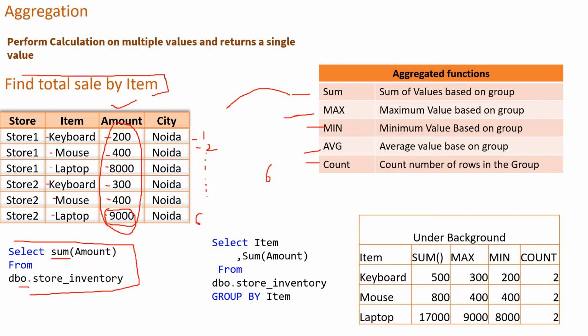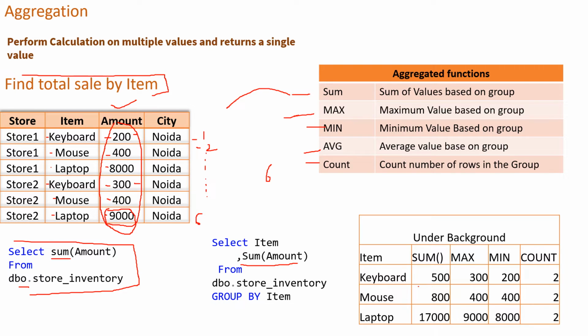If we want to perform an aggregate function, it creates a group of the same kind of values, like keyboard and keyboard. The value keyboard will be grouped into a single value, and in this case the calculation is performed on 200 and 300. So we will add 200 and 300 using the aggregate function.